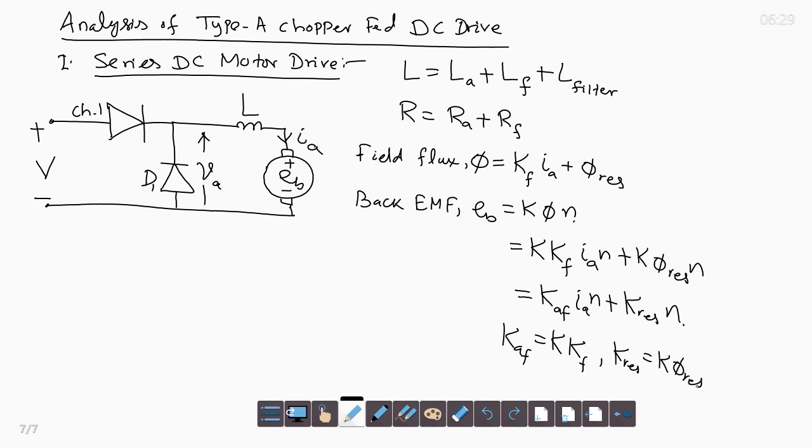Here this is the instantaneous back EMF EB, and current IA is instantaneous, and N is the instantaneous speed in radian per second.